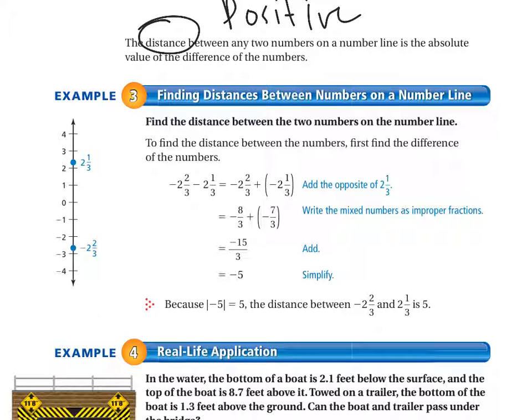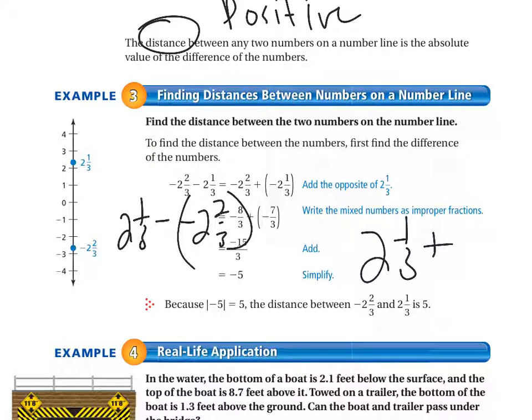But instead of doing that, you could reset up this problem and, instead of the negative first, start with your positive. So your positive would be 2 and 1/3 minus a -2 and 2/3, right? And then this would become 2 and 1/3 plus the opposite of a -2 and 2/3, which is 2 and 2/3.